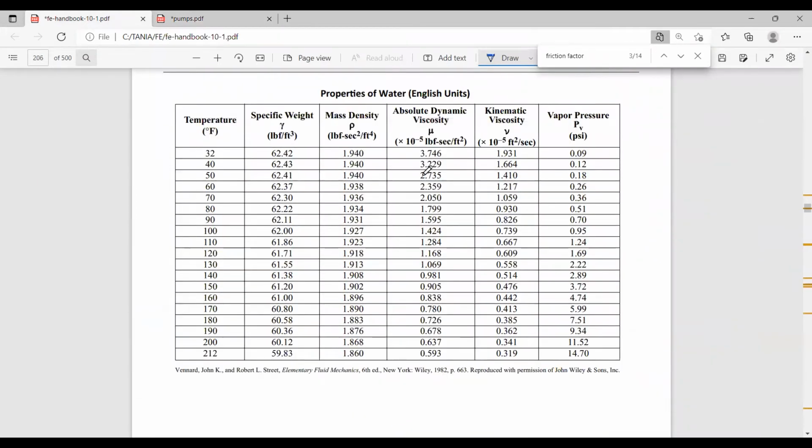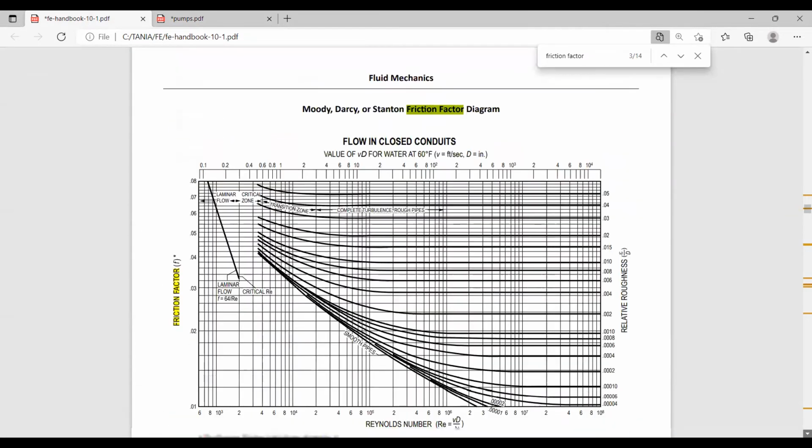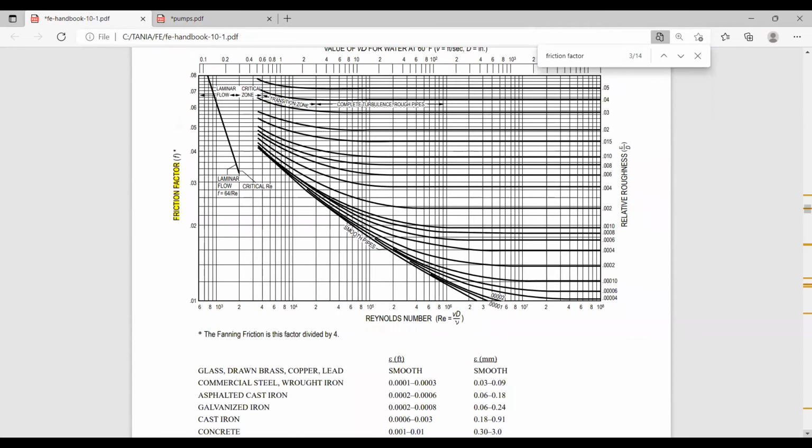So the kinematic viscosity at 60 degrees is 1.217 times 10 to minus 5 feet squared per second. And so we can calculate the Reynolds number, and then we'll also calculate the relative roughness.